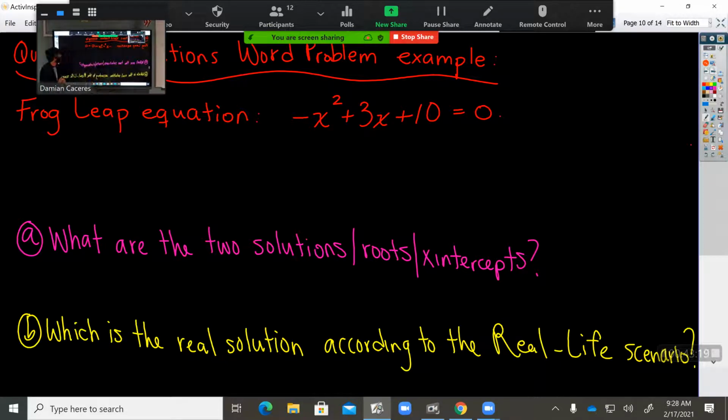So, frog leap equation. That's the same equation that I used for the other one, right? But instead of asking you for the highest point or how many seconds until you reach the highest point, I'm asking you for solutions, roots, intercepts.